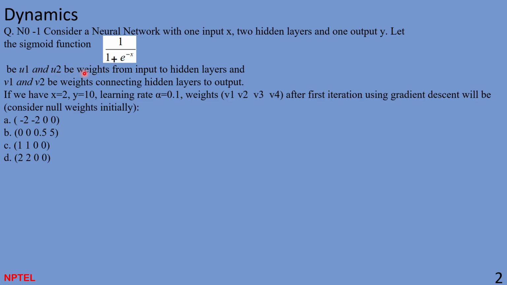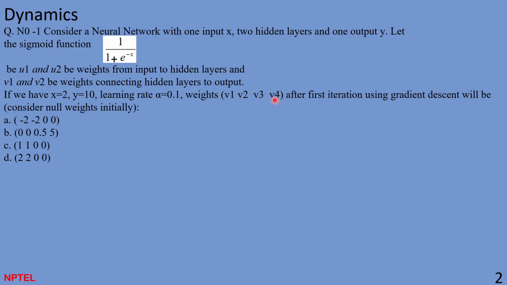Let u1, u2 be the weights from input to hidden layer, and v1, v2 the weights connecting to the output. If we have x equal to 2 and y equal to 10, where x is input, and the learning rate is 0.1, after the first iteration using gradient descent, what will be your weights?